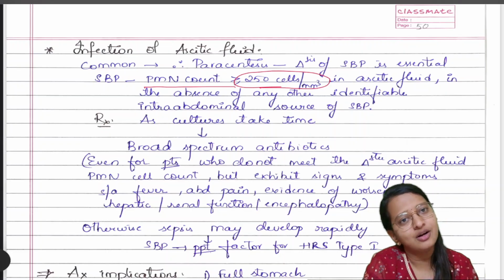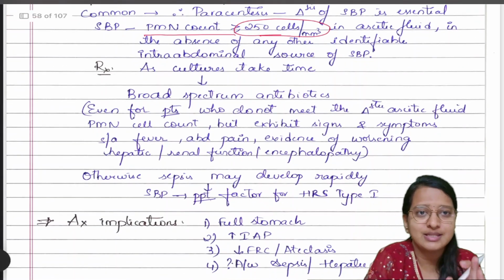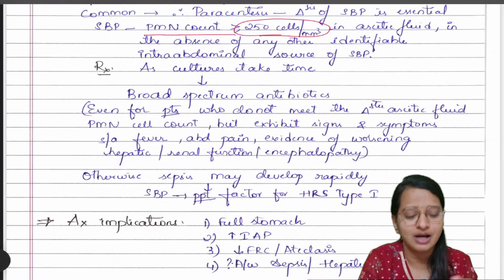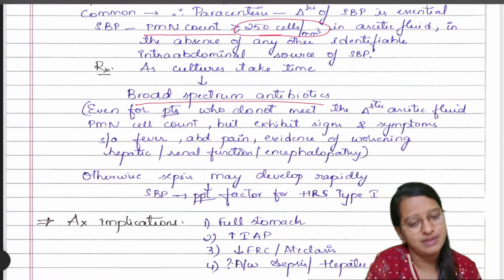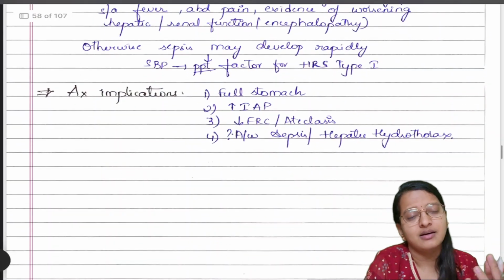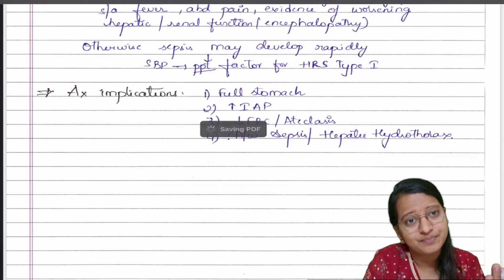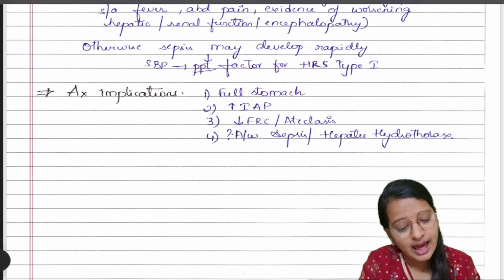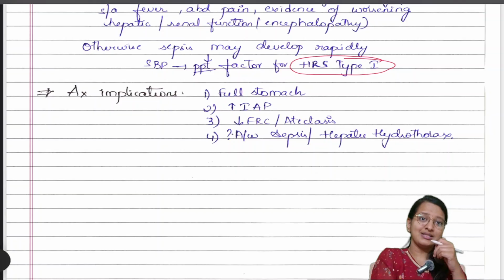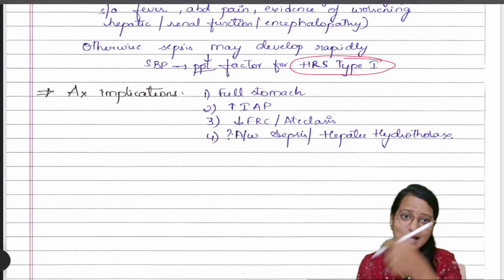How we'll treat is with broad spectrum antibiotics. Of course, we'll send for cultures, but we won't wait for the culture report. We'll be giving broad spectrum antibiotics, otherwise rapid development of sepsis occurs. And this is a precipitating cause of HRS type 1. So HRS type 1 is associated with SBP.